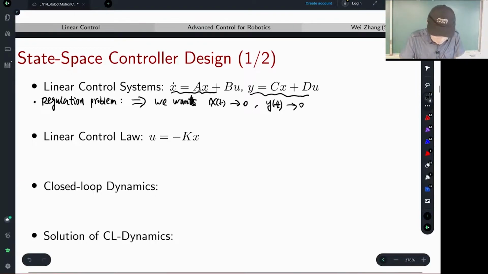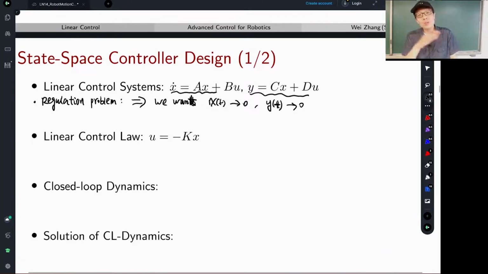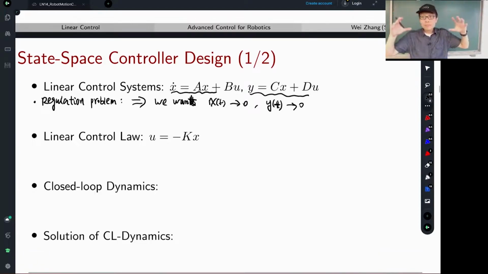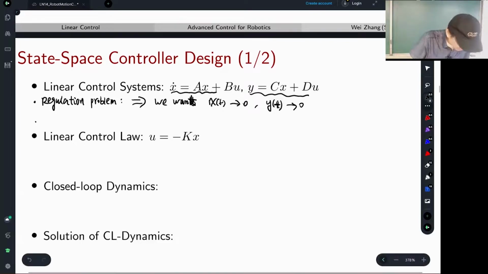Anyway, regulation problem: x(t) converges to 0, and let's assume that we also want y to be 0. Typically, y is some quantity you want to regulate. You want that to be 0, where 0 is some kind of desired position or location. But a more common problem is tracking.